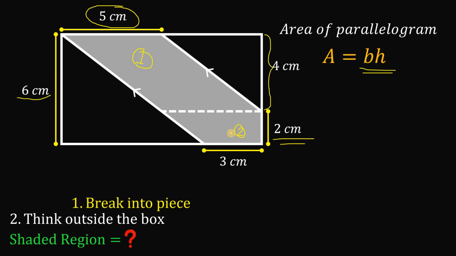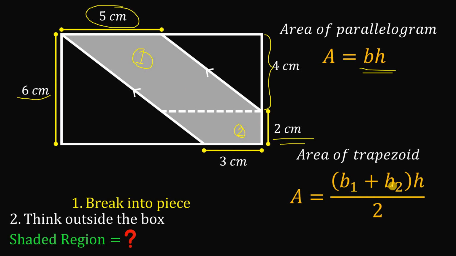Now how about the second piece, the trapezoid? The question is, how do we get the area of the trapezoid? Using this formula, we have base 1 plus base 2 times the height divided by 2. We are given the first base, which is 3. We also have the height of this trapezoid, which is 2 centimeters. Now the question is, what is this base?